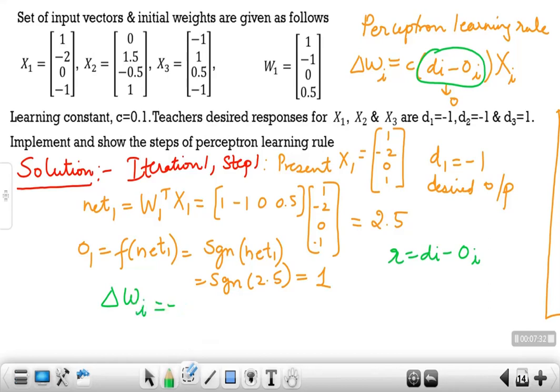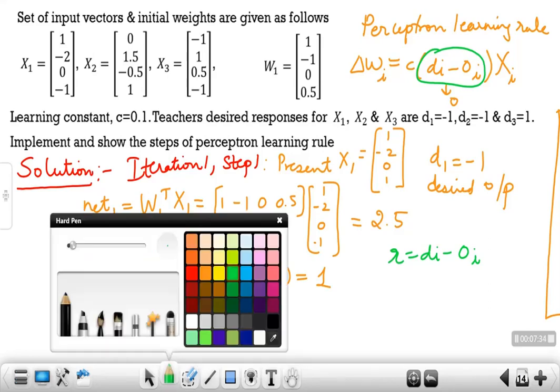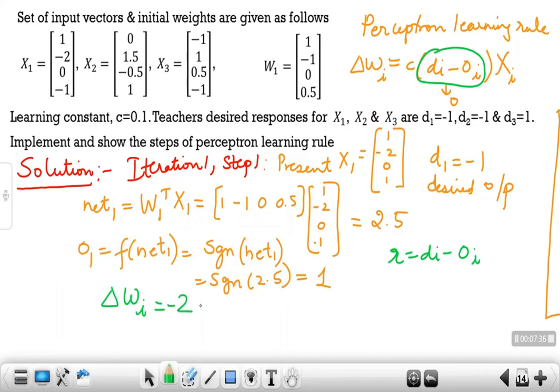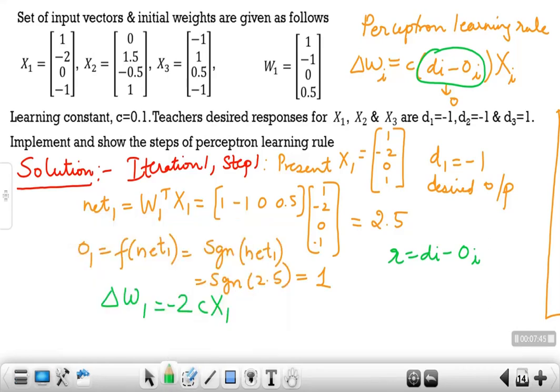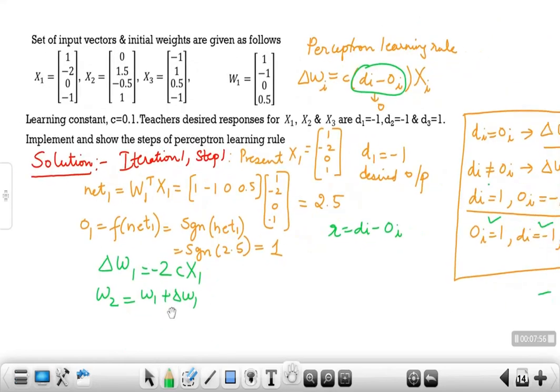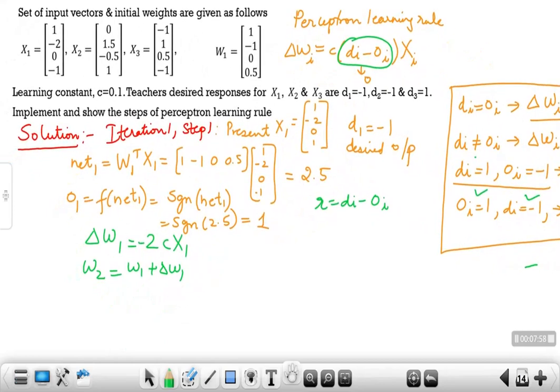But delta Wi is equal to C into (di minus oi). So di minus oi: d is minus 1 and oi is plus 1, so I will get minus 2C X1. So delta W1 is equal to this.